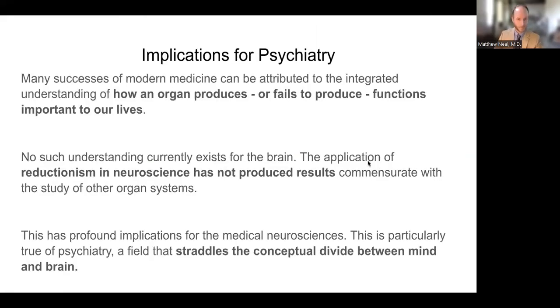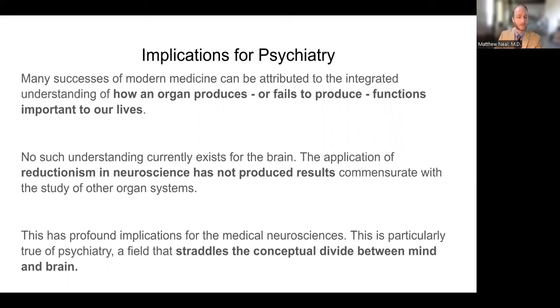So let's move on now and talk a little bit about the implications for psychiatry. Broadly speaking, many of the successes of modern medicine we can attribute to our understanding of how any organ produces or fails to produce functions that are important to our lives. We don't have that for the brain yet.